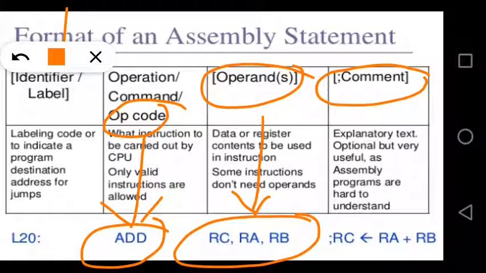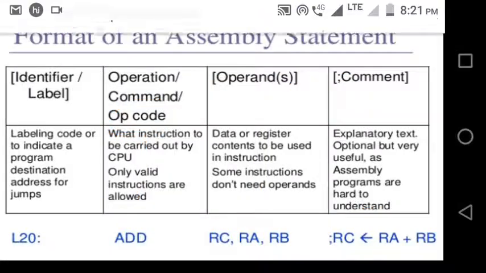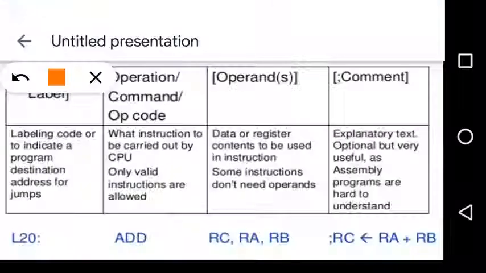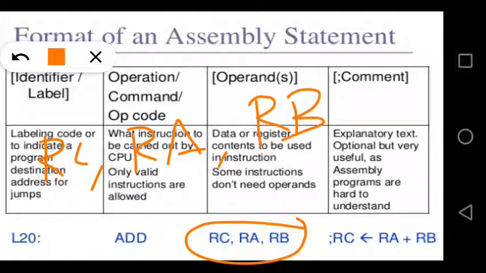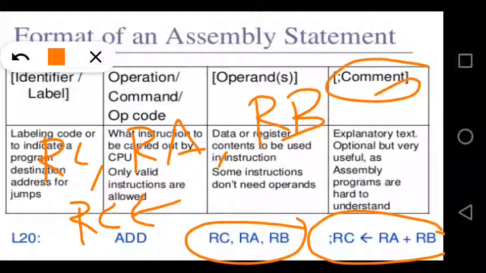Next we have a comment section. It is explanatory text, optional but very useful as assembly programs are hard to understand. You are giving the inputs RC, RA, RB. These are the operands. The comment is useful only to the user, not to the program.